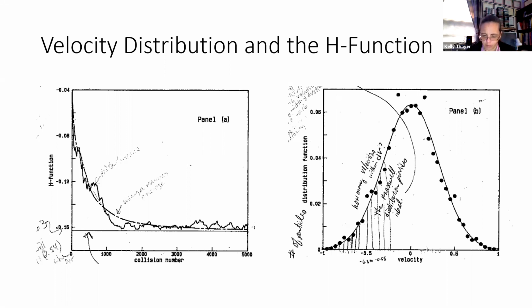What we would see is some jagged lines, and as the number of collisions goes up, the distribution gets closer and closer to the random Gaussian distribution. If you don't have that distribution, that's how you know that your velocities have not equilibrated yet.